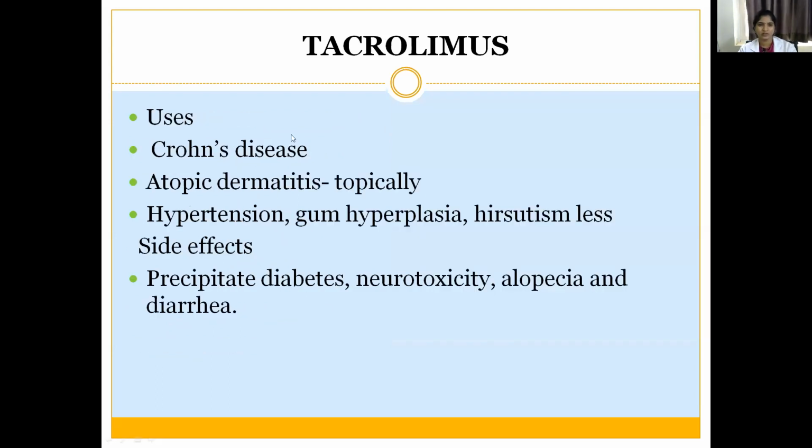It is used in Crohn's disease and, when given topically on the skin, in atopic dermatitis. It also causes side effects: hypertension, gum hyperplasia, and hirsutism are the milder ones, and the severe side effects are that it mostly precipitates diabetes and neurotoxicity. It also causes alopecia and diarrhea.